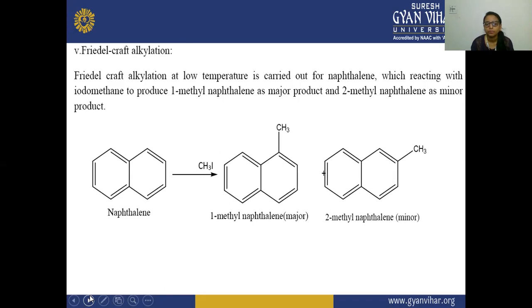Here you will see the major product is 1-methyl naphthalene because the methyl is present on the first carbon of the ring, and the minor product is 2-methyl naphthalene. So Friedel-Crafts alkylation at low temperature is carried out for naphthalene, which reacts with iodomethane to produce 1-methyl naphthalene as the major product and 2-methyl naphthalene as the minor product.